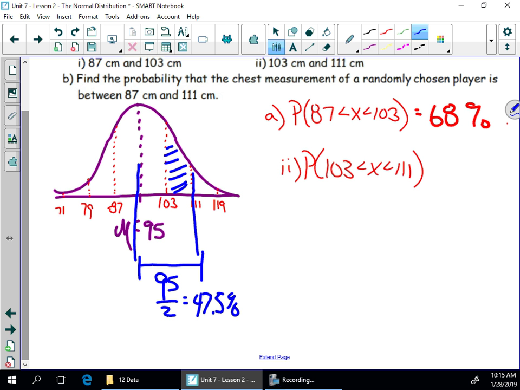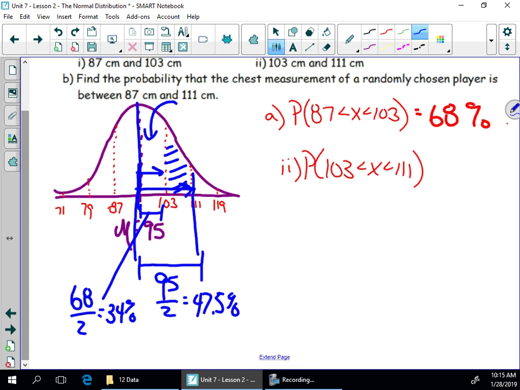Now, I don't want all of that. I kind of need to get rid of this section. Well, that section is 1 standard deviation from the mean. 1 standard deviation of the mean is 68. And 68 divided by 2, because I'm only dealing with the right-hand side, is 34%. So I know that if I include from the mean all the way to here, it's 47.5.